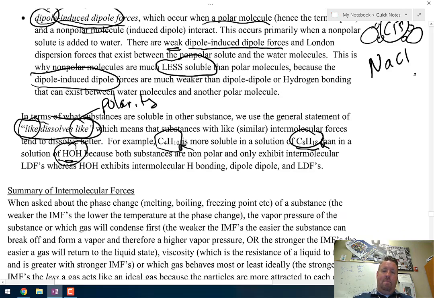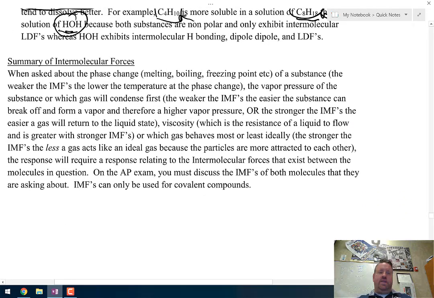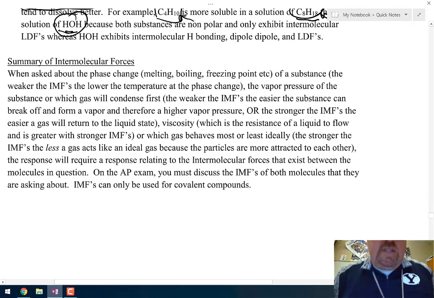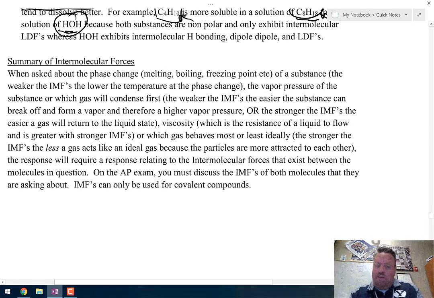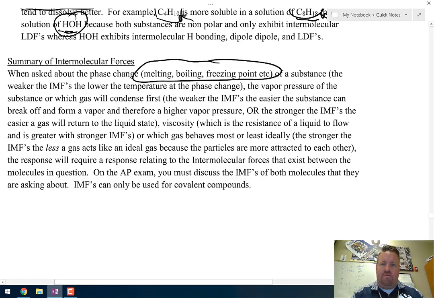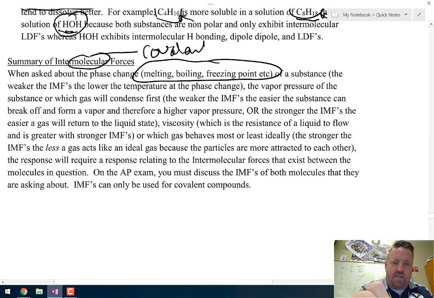Okay? All right, so a quick summary here of intermolecular forces. There's lots of different ways they can ask you questions about these. Okay, most of the time it deals with melting, boiling, freezing points, things like that, but not always. But anytime they ask you about a phase change, it's going to involve intermolecular forces. Again, molecular, remember, deals with covalent compounds.